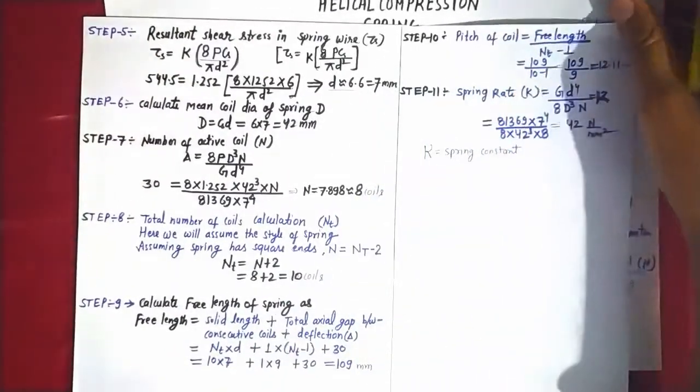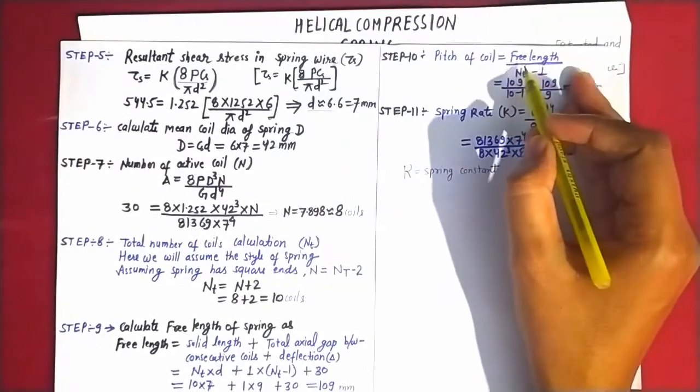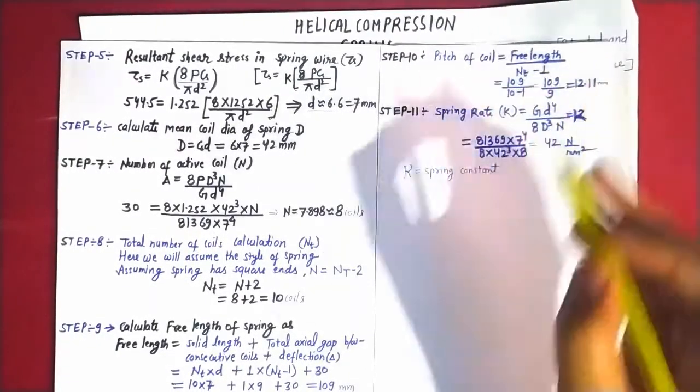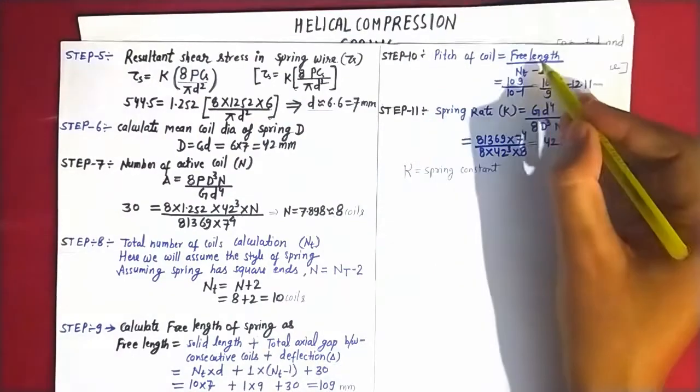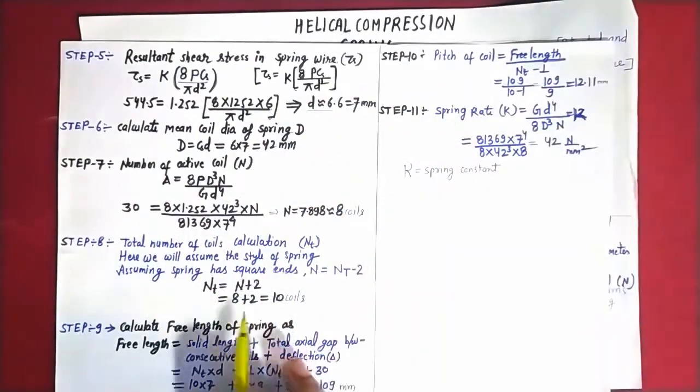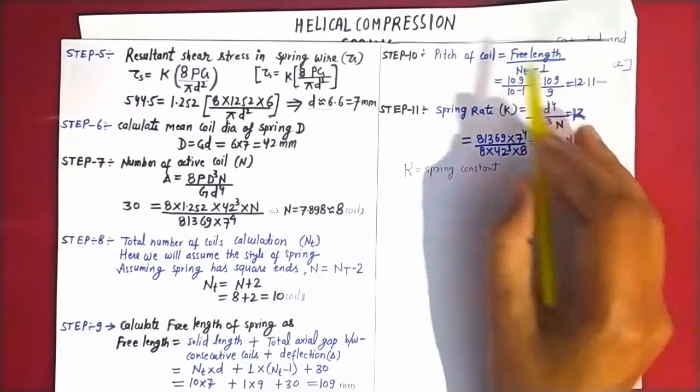After that, we will calculate the pitch of the coil. The pitch of the coil is given as free length divided by NT minus 1. Free length will come out from here, and NT we have already calculated as 10, so we can calculate the pitch from here.